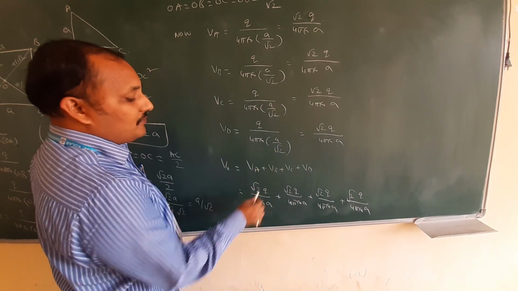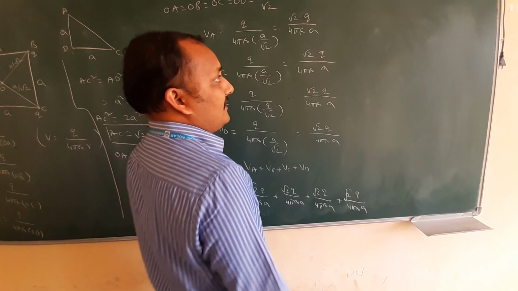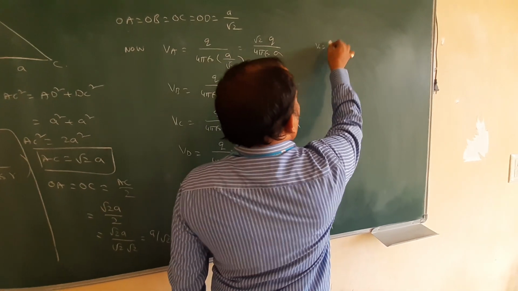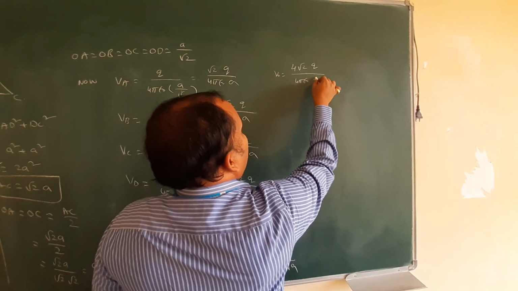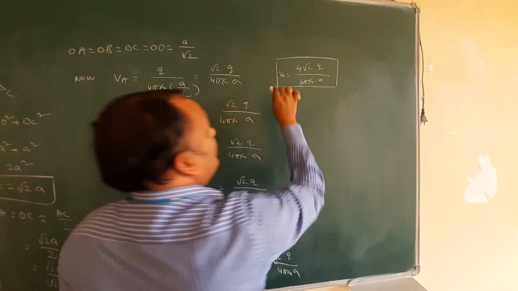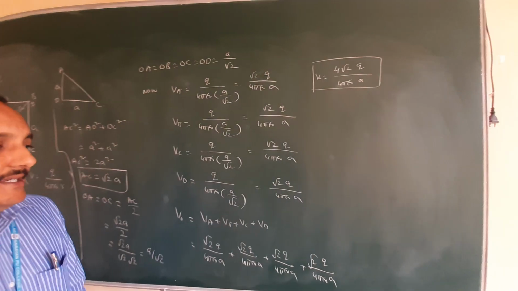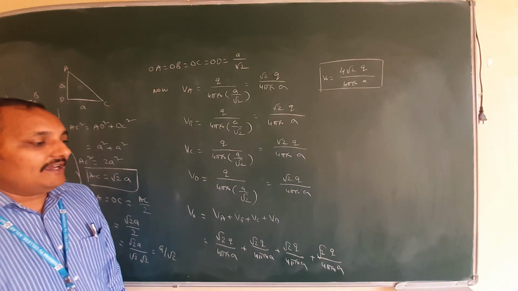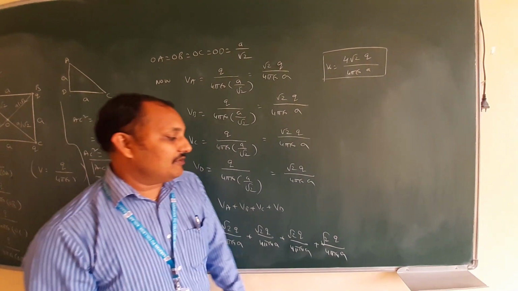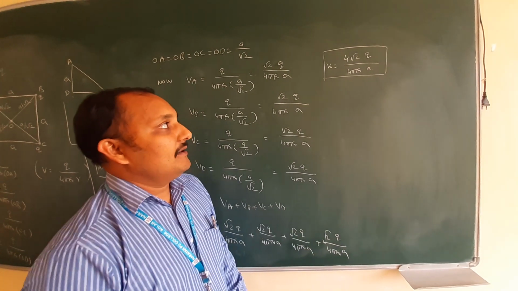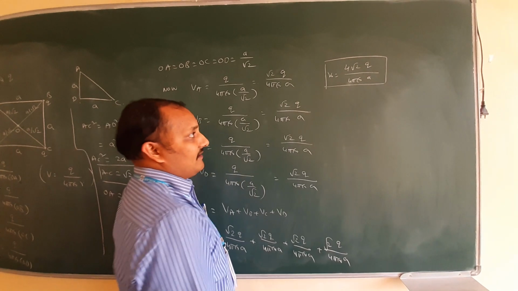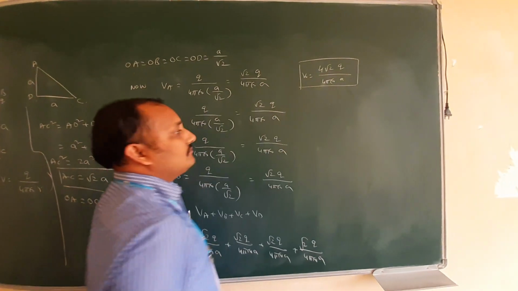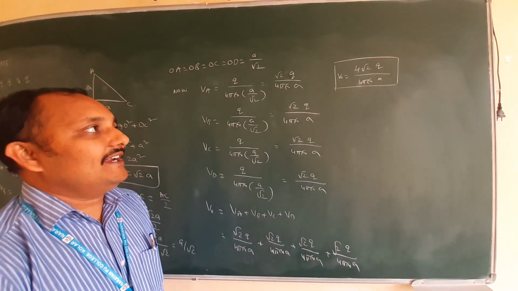Therefore, 4 root 2 Q by 4 pi epsilon naught A. Now, V naught is equal to 4 root 2 Q by 4 pi epsilon naught A. So, this is the potential at the center of a square if 4 equal charges of magnitude Q are placed at 4 corners of a square of side small a. Okay, this is about potential.